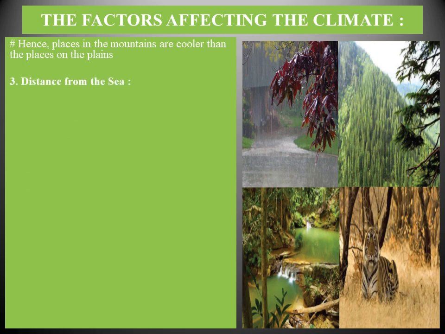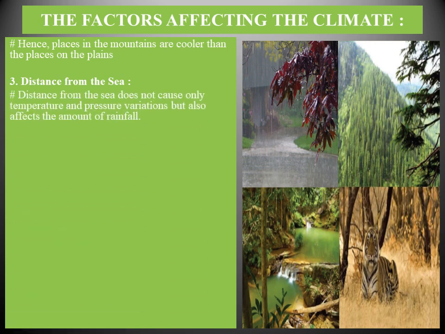The next factor affecting the climate is distance from the sea. Distance from the sea causes not only temperature and pressure variations but also affects the amount of rainfall.